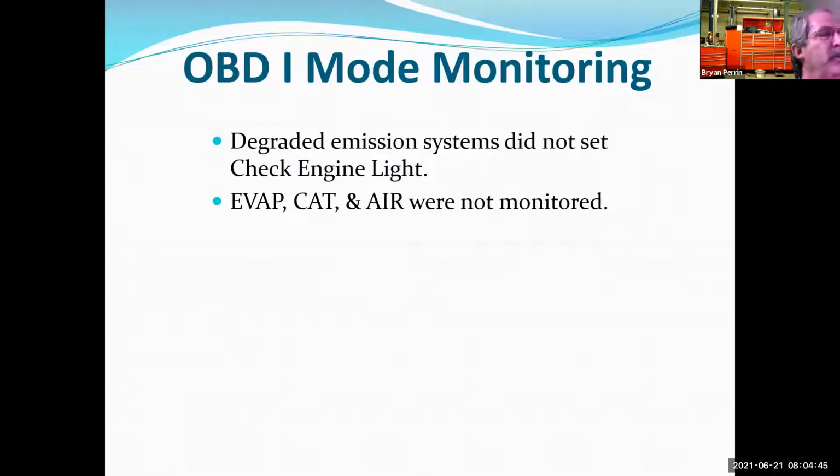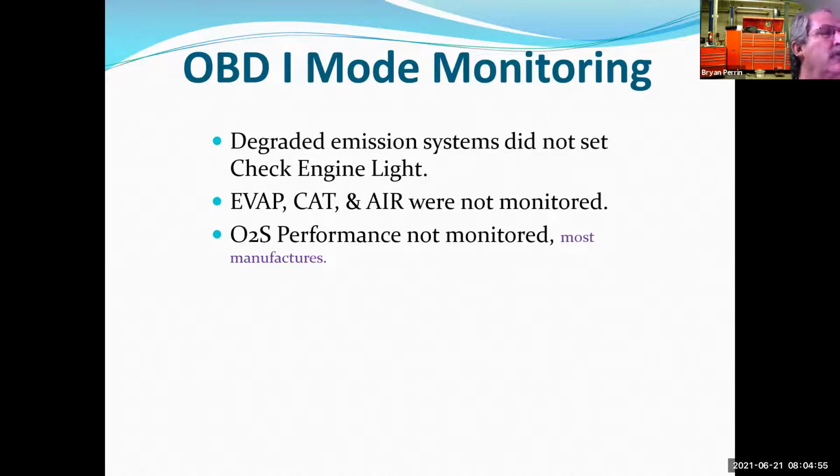The fuel evaporation, catalytic converter, and air injection systems were not monitored also. These are three emission control systems that were not checked to see if they're functioning or not. The O2 sensor was not monitored by most manufacturers, so the oxygen sensor was really not monitored to see if it was working correctly, just to see if it wasn't dead.